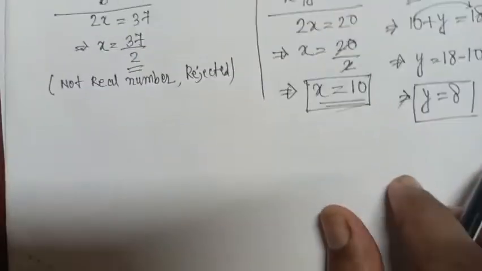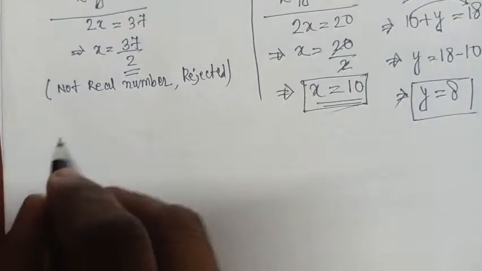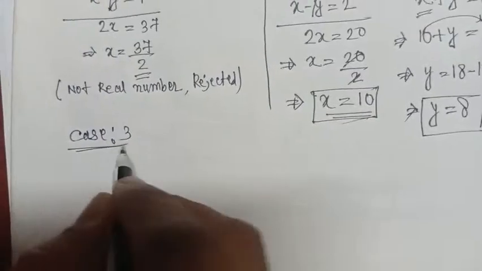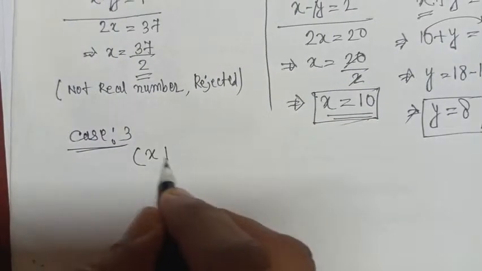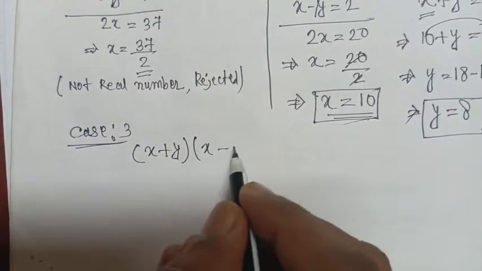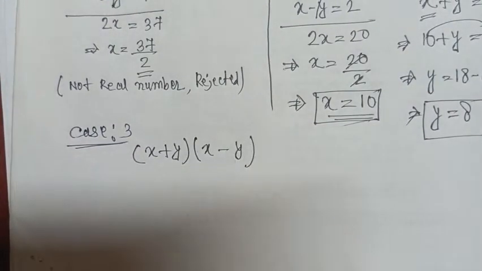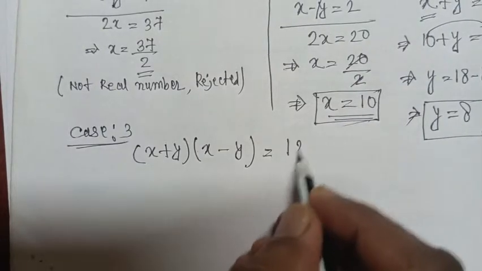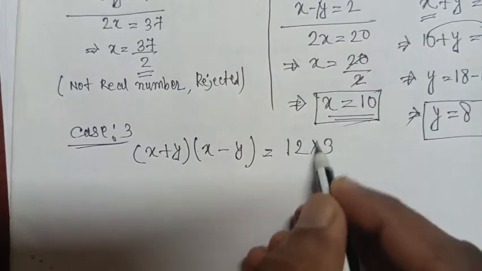Now we move to case 3, where x plus y into x minus y equals 12 cross 3.